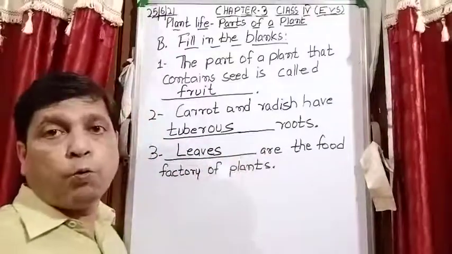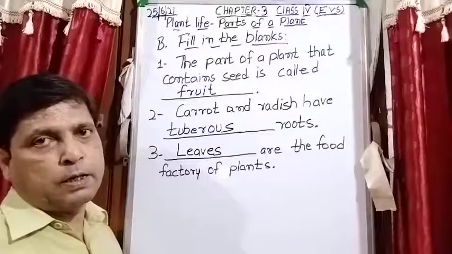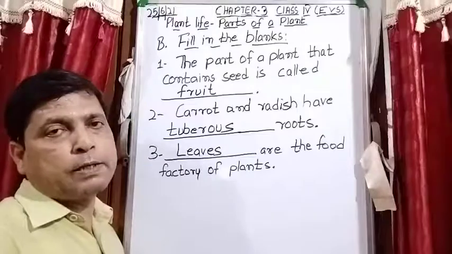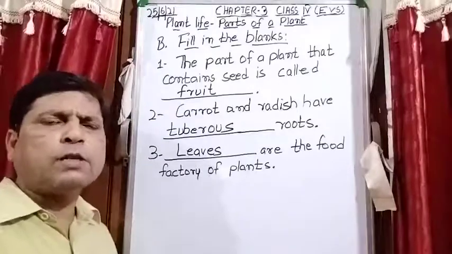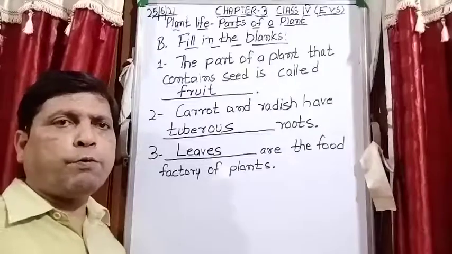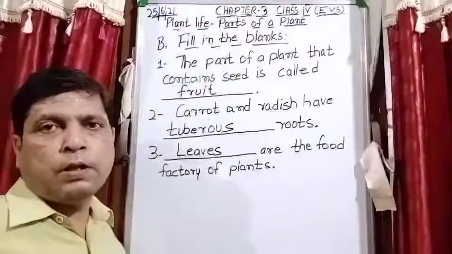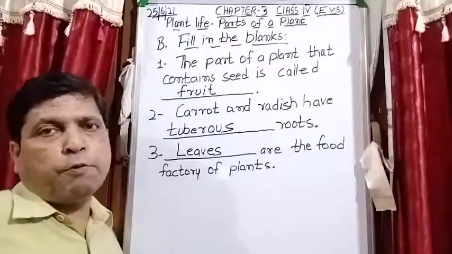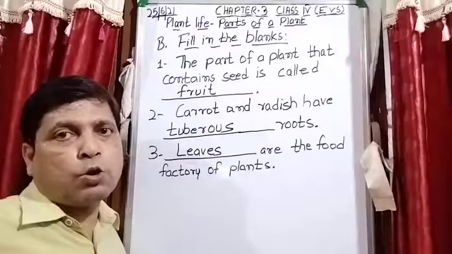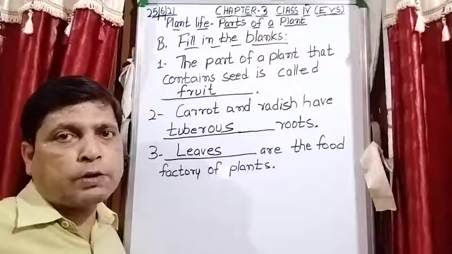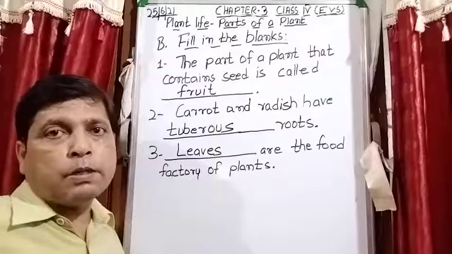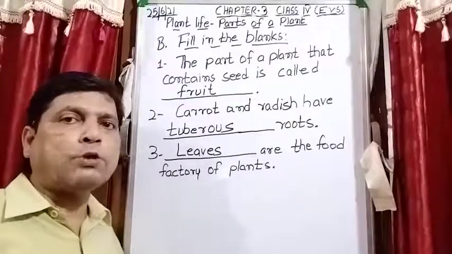Leaves are the food factory of plants, because leaves are green in color due to the presence of a pigment known as chlorophyll. This chlorophyll absorbs the sunlight, and in the process of photosynthesis, water and carbon dioxide are also required. For the carbon dioxide, there are tiny pores on the leaves known as stomata.